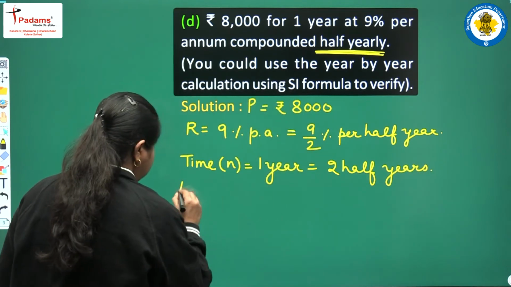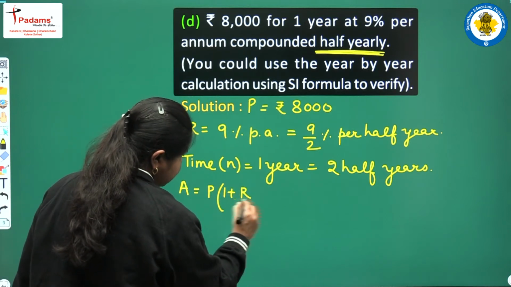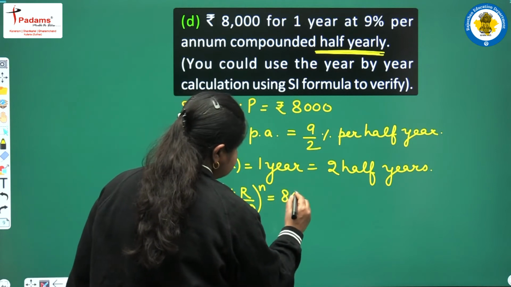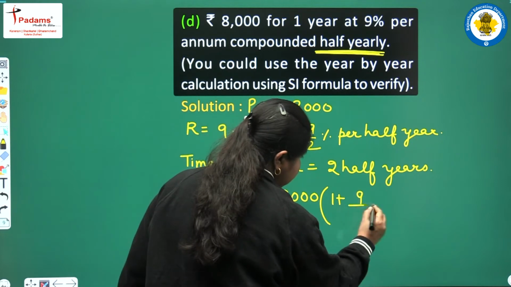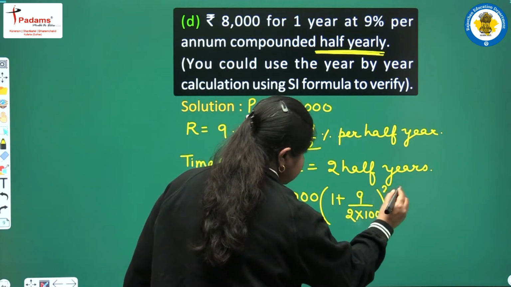Now amount is P into 1 plus R by 100 raised to power n. P is 8000, 1 plus 9/2 over 100, so 9 will be here, 2 into 100 becomes 200, and the power is 2.